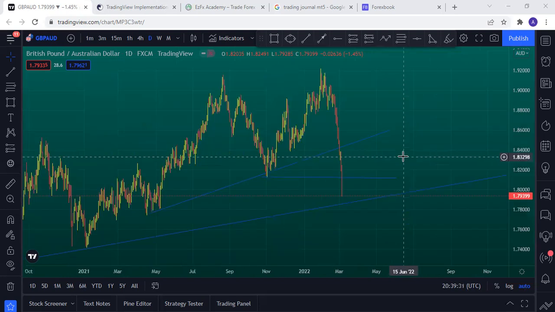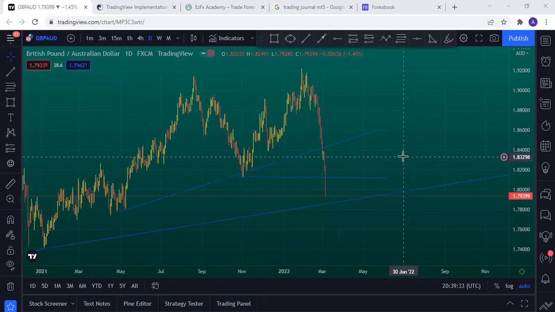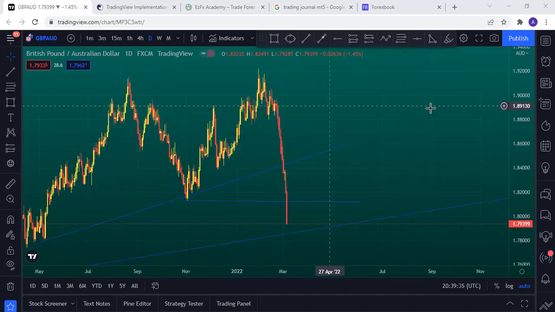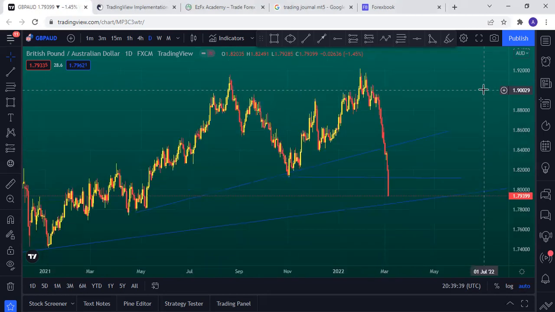So this is where we are at the moment. This is GBPAUD on the daily time frame. We've seen price break through that.